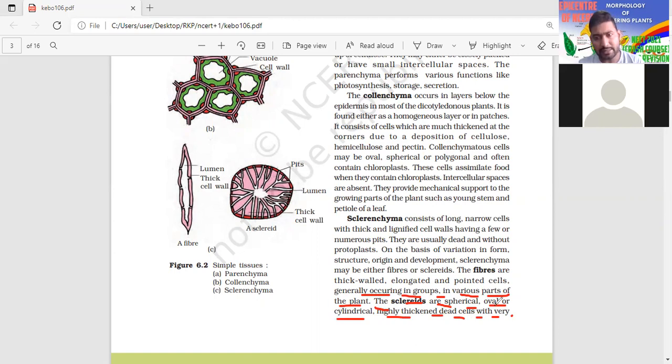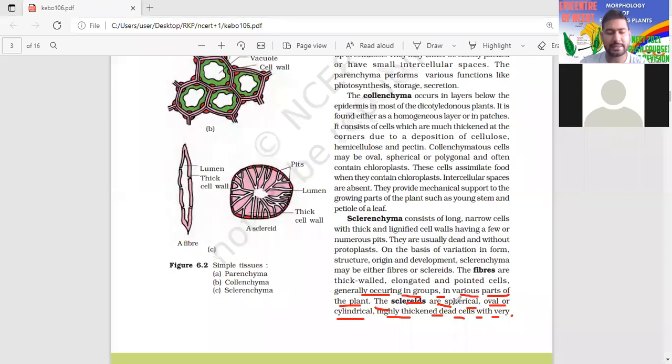If you are going to write an example of fibers, you have to write jute. Jute, flax and hemp are the sources from which we majorly obtain fiber. So an example of fiber is jute.